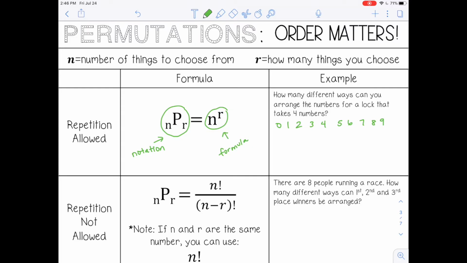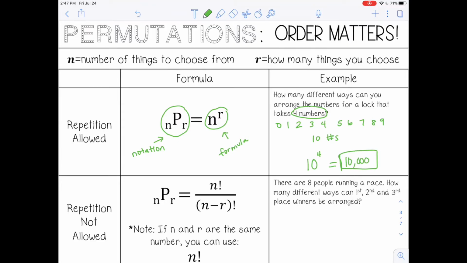So altogether that is 10 numbers to choose from. And we are choosing 4 of those numbers. So if we are going to substitute these into our formula, n is the number of things to choose from, so we have 10 numbers to choose from, and we want to choose 4 of those numbers. So 10 to the 4th power. All right, and you can use your calculator for this, and that would give you 10,000.